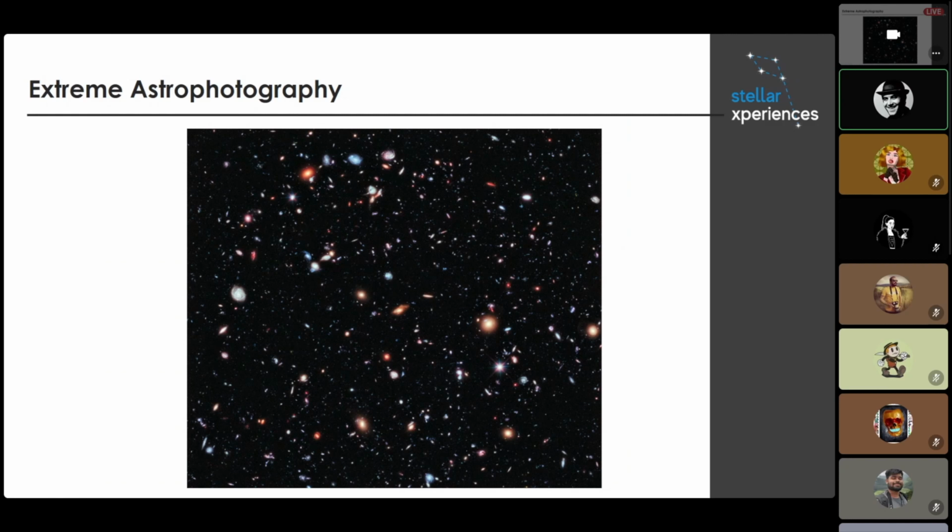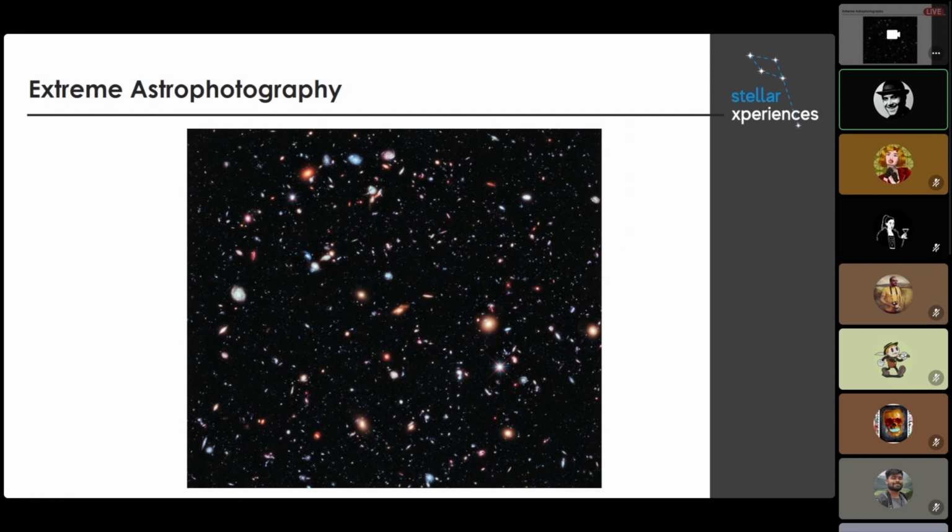So this photo is always extremely, how can I say, affecting me. That shows the power of astrophotography and the power of long exposures. The total exposure in this one is equal to 11 days, so 11 times 24 hours.